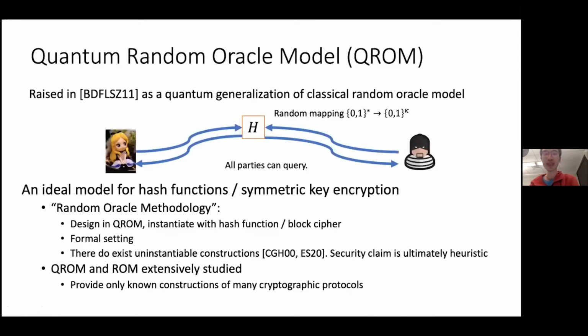Another assumption that we will use is the quantum random oracle model. This model is raised in this paper as a quantum generalization of the classic random oracle model. In this model, there is a global oracle, which encodes a random mapping. All the parties can query these oracles. And quantum means these parties can query these oracles quantumly, in superposition.